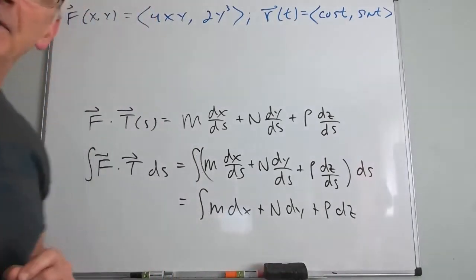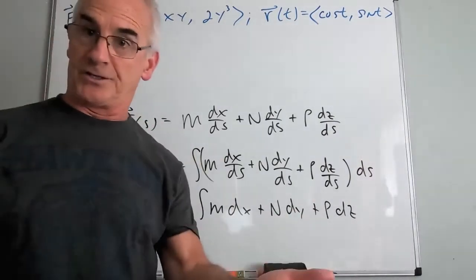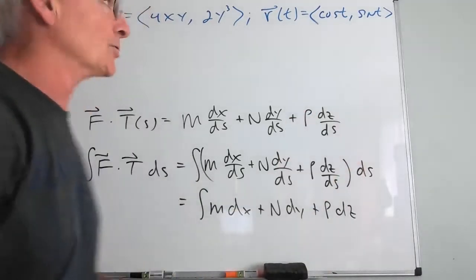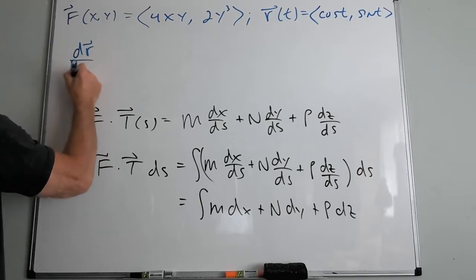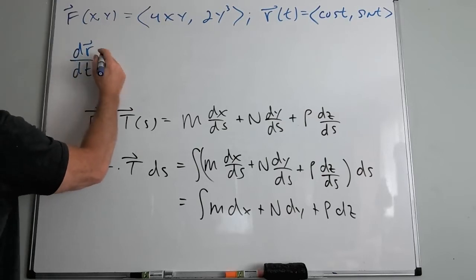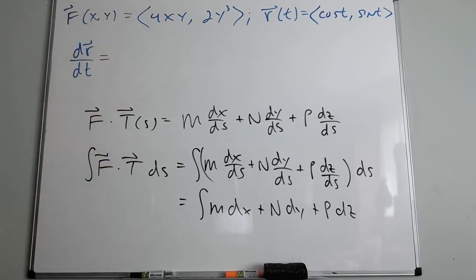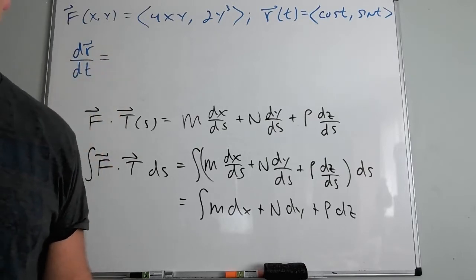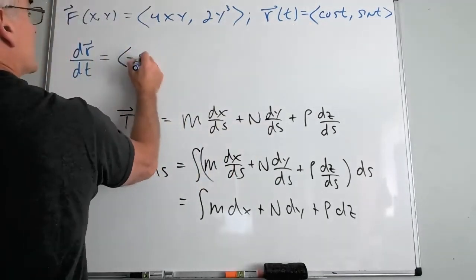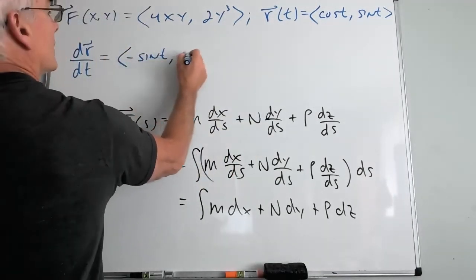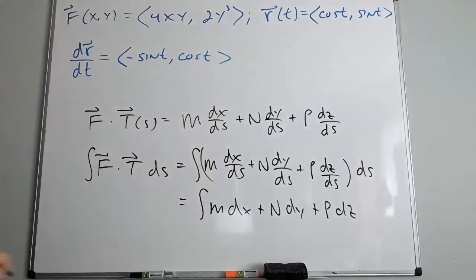In order to find the work done, I'm going to do F dot dr/dt. Fairly simple notion. So what is dr/dt? In this case, dr/dt would be negative sine t, cos t. Now I want to do F dotted with dr/dt.